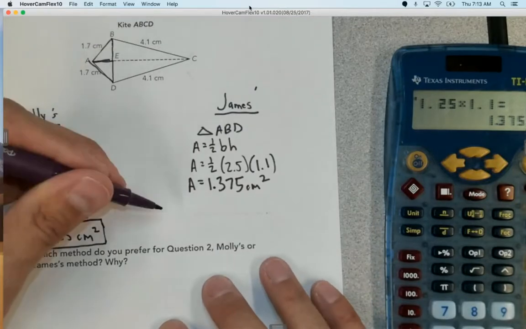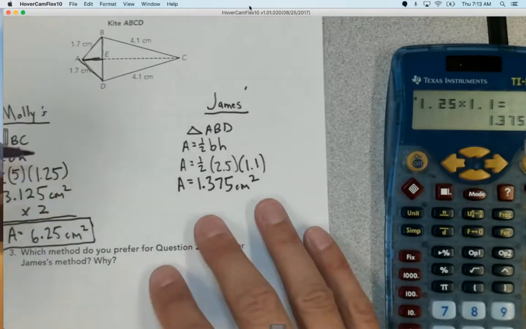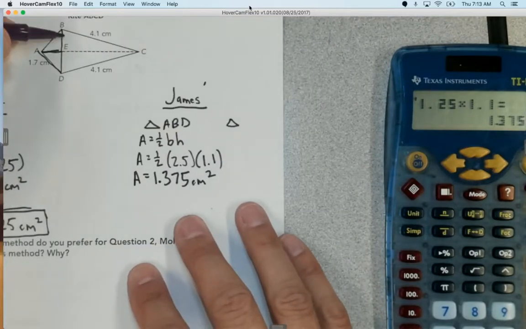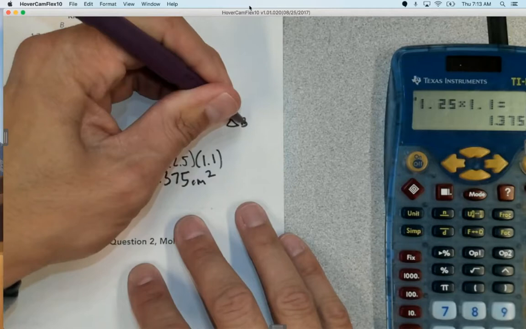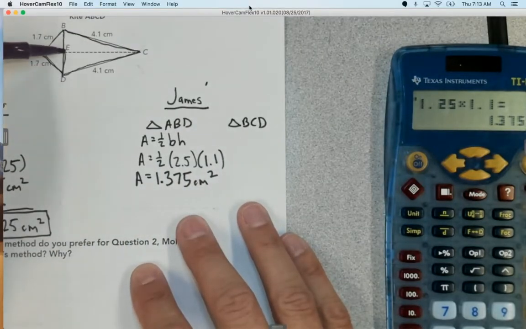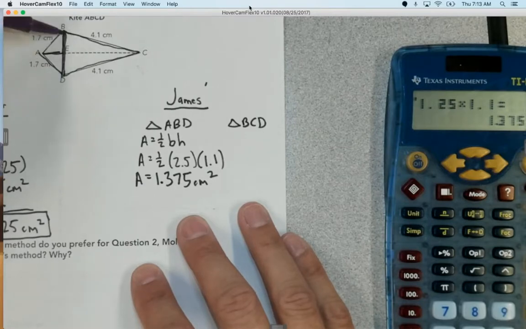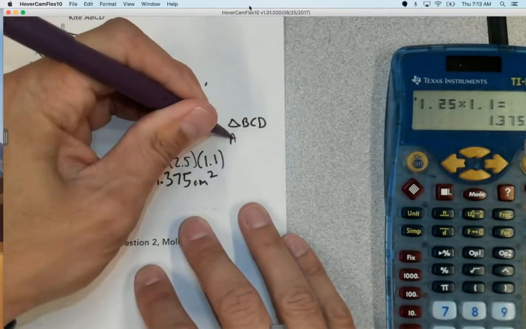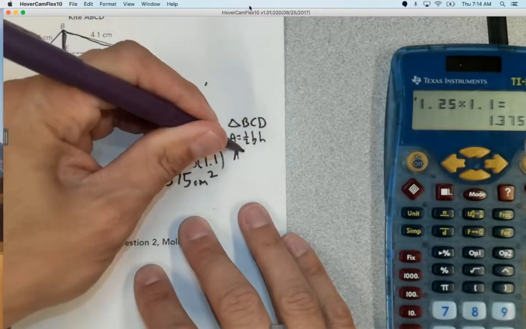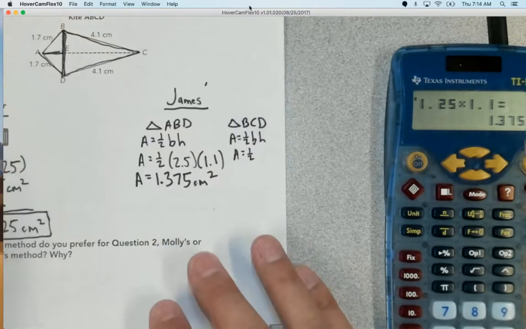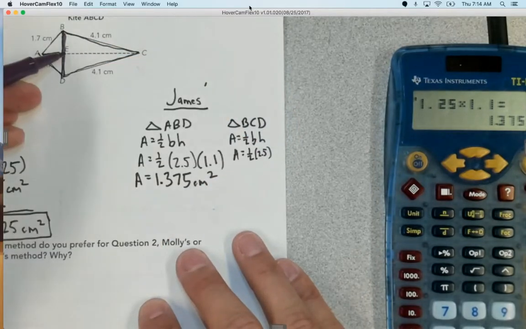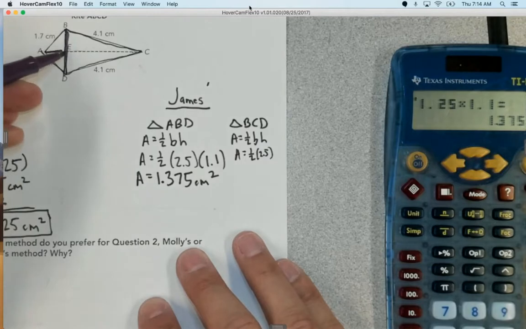So now I have to find the area of another triangle, and that next triangle is going to be BCD. So now I got to find this triangle right in here. And for this triangle, I would start with the base being BD again. So area is 1/2 of base times height. Area is 1/2 times BD, which is still 2.5. And then I times it by the height, which is EC, or CE, because it can go either way.